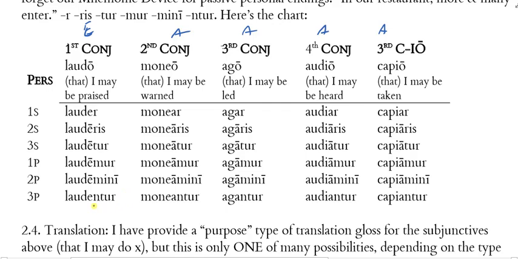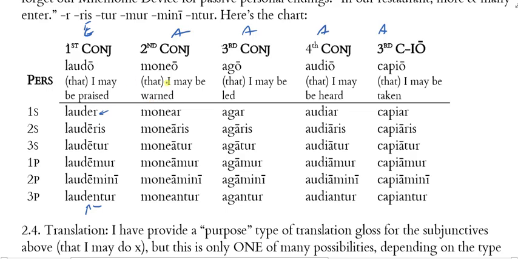And again, notice that the NT here is not final, but it still causes shortening of the vowel before. The R is a trim consonant, so it's got shortening before. Everywhere else, the E is long. But notice we have the E vowel, and then we have just the passive personal endings. And I could translate this in a purpose clause that I may be praised rather than that I might praise, because this is passive, not active.